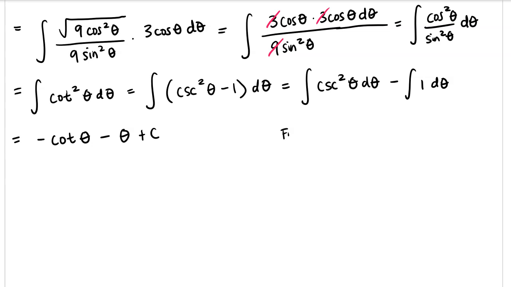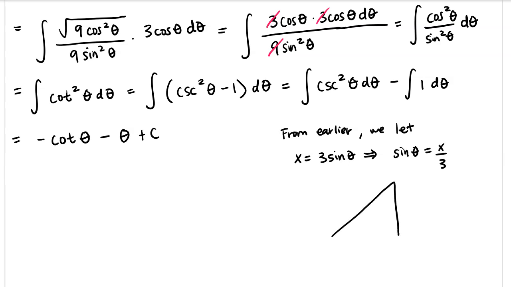So from earlier, we let x equal 3 sine of theta. From that, if I solve for sine of theta, we get that sine of theta is equal to x over 3. And remember from right triangle trigonometry, sine of theta means I have some angle theta in a right triangle, and we have SOHCAHTOA.